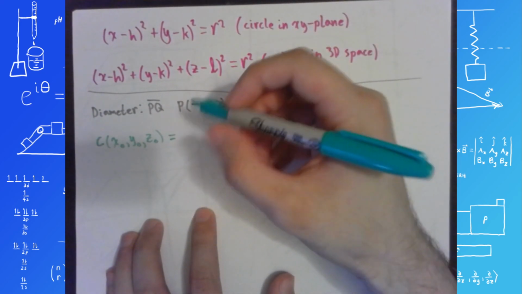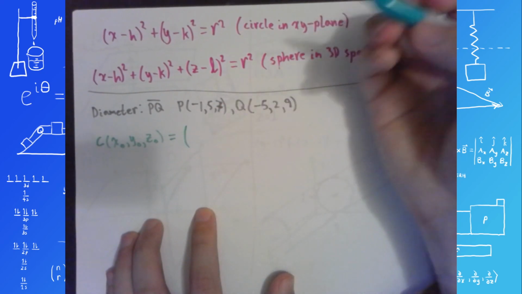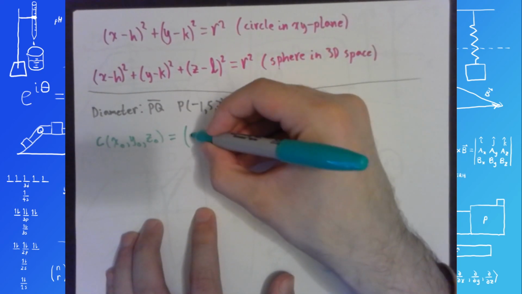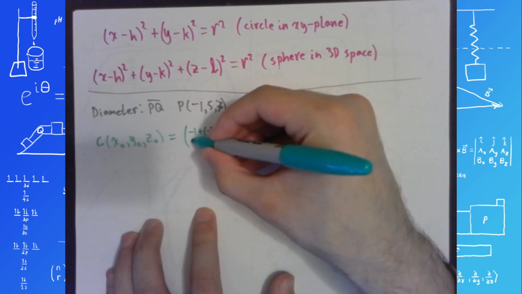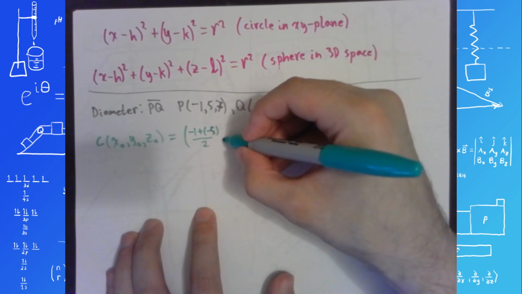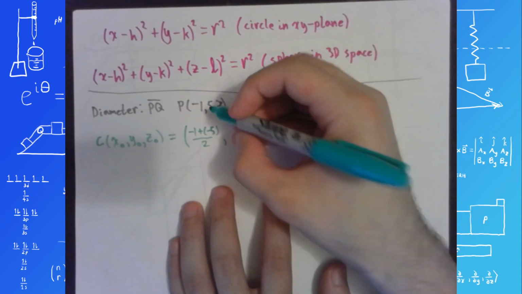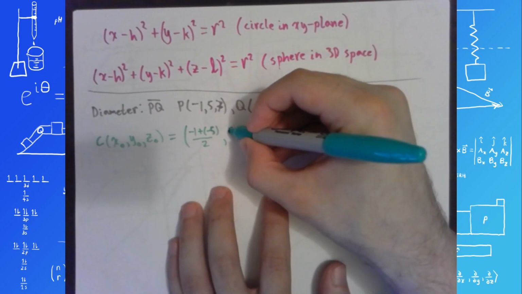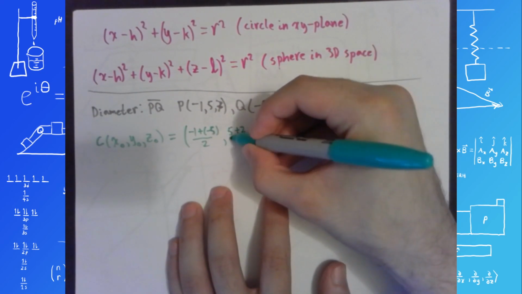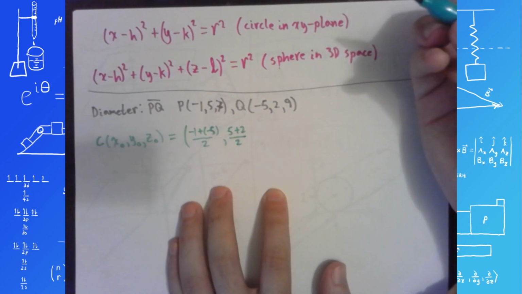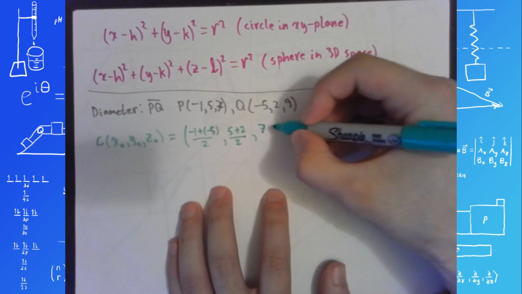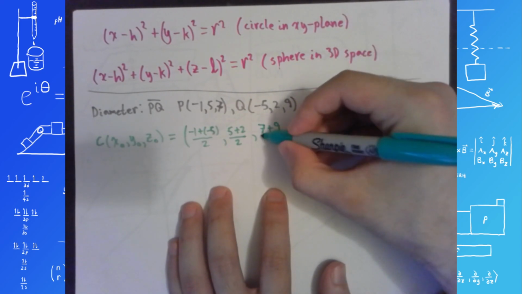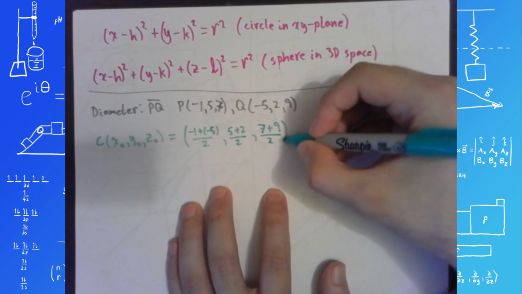It is equal to negative 1 plus negative 5 over 2, comma, 5 plus 2 over 2, comma, 7 plus 9 over 2.